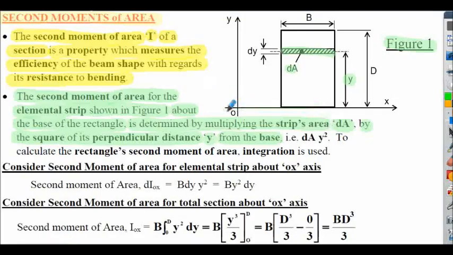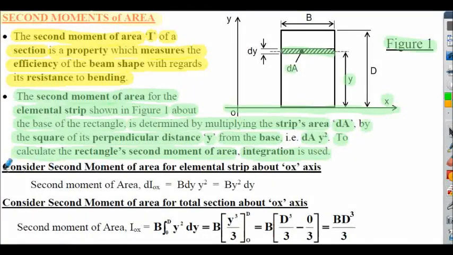And the base of the rectangle is essentially on the OX axis here. So in other words, dA multiplied by y squared is the second moment of area of the elemental strip about the OX axis. To calculate the rectangle's second moment of area about the base, the process of integration is used.